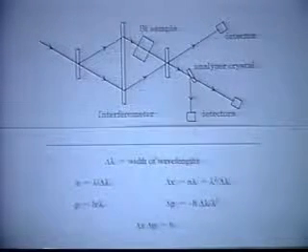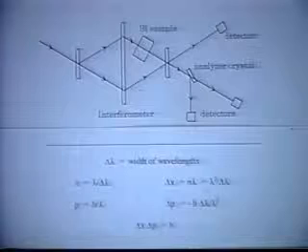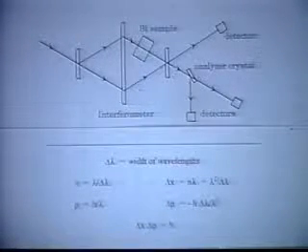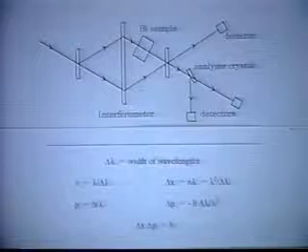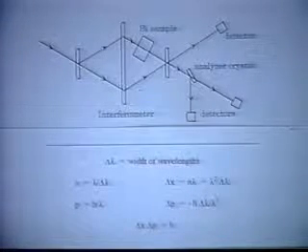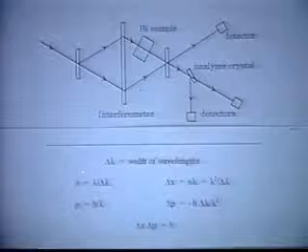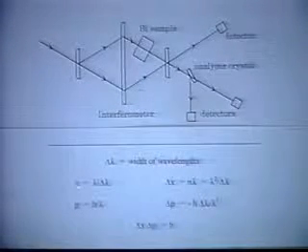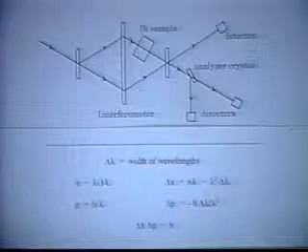Now, to compute when that condition occurs, let delta lambda be the width of the wavelengths accommodated by the interferometer. The interference will disappear when the number of wavelengths by which the waves are slowed down by the bismuth is equal to lambda over delta lambda.